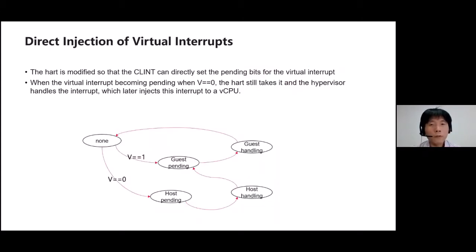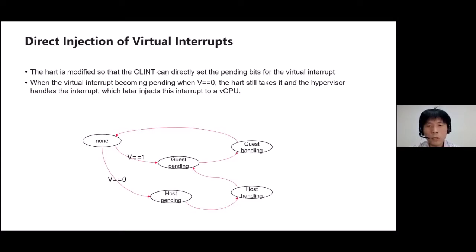To directly deliver virtual interrupts, the CLINT needs to be able to directly set the pending bits for the virtual interrupts. Currently, such pending bits are only set by host software. We changed that so that when V equals 1, the guest receives an interrupt directly. The V bit is RISC-V nomenclature for whether the heart is running a vCPU.